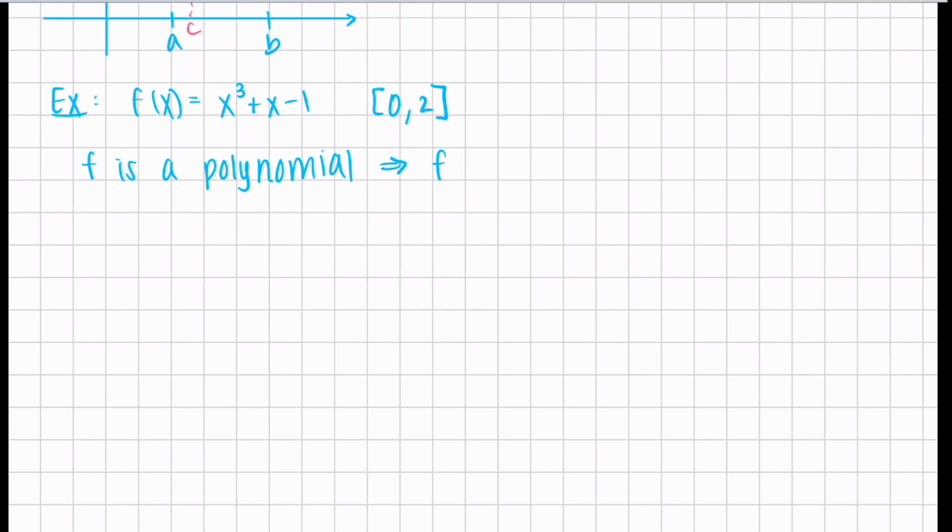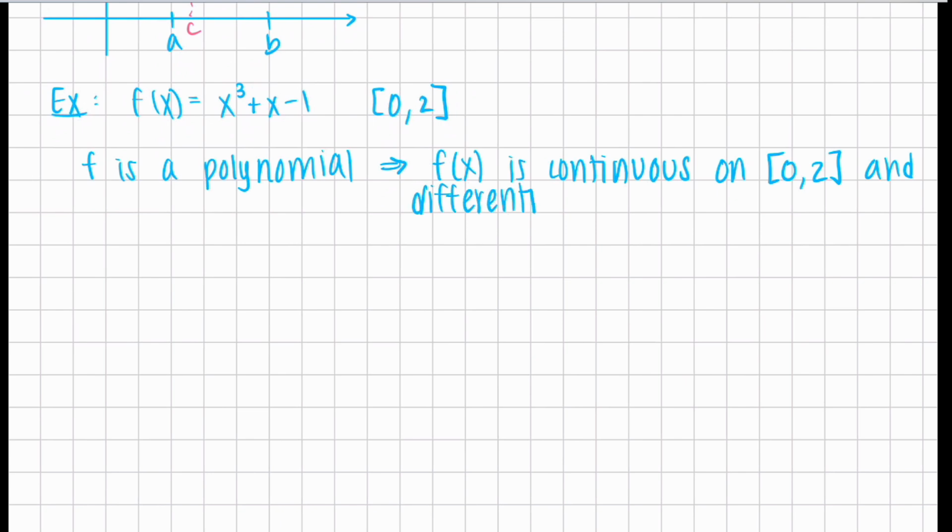Then f of x is continuous, and I want to show my specific interval. So it's continuous on this closed interval [0, 2], and differentiable on the open interval (0, 2).